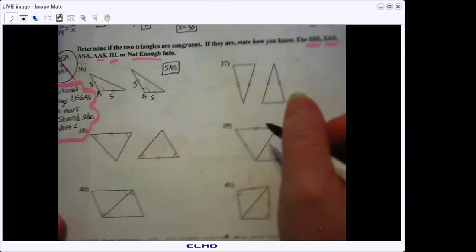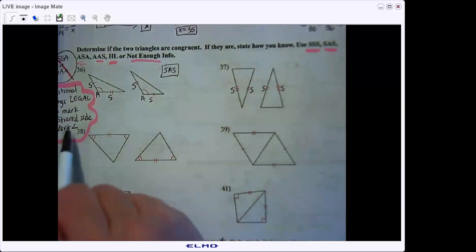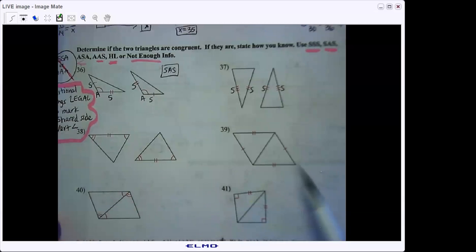It's identifying the properties. Over here, the only thing we can identify is this side and this side, this side and this side. They have no shared side. By shared side, I mean something like 39. That's a shared side.